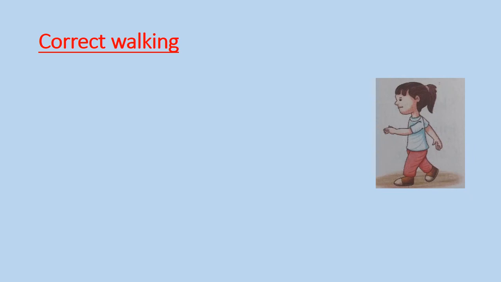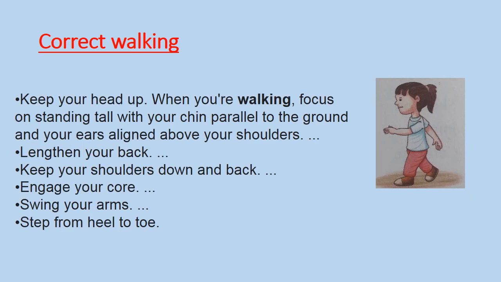While walking also, we should take care of some points: always keep your head up and focus on standing tall, and keep your shoulders down and back. Whenever we are walking, we should swing our arms, and step first from the heel and then the toe. So these are some points we should take care of while maintaining a good posture.